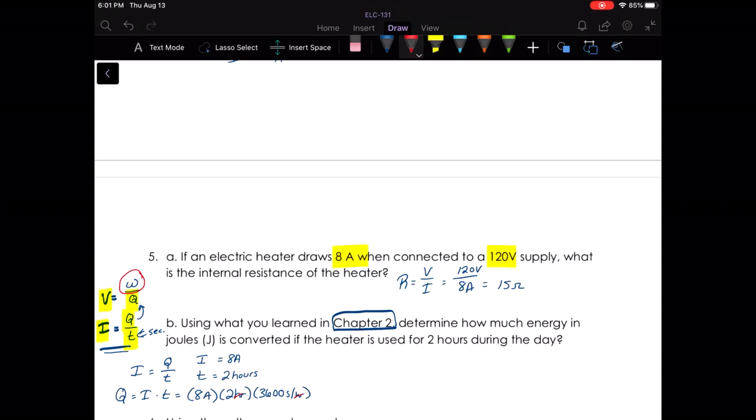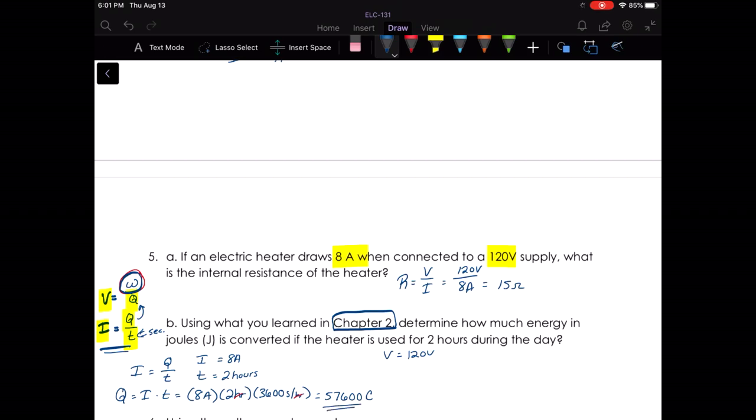So I'll just have coulombs as my answer. So that's 57,600 coulombs.